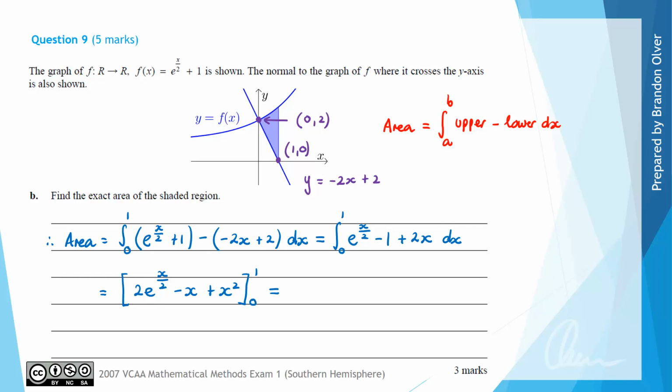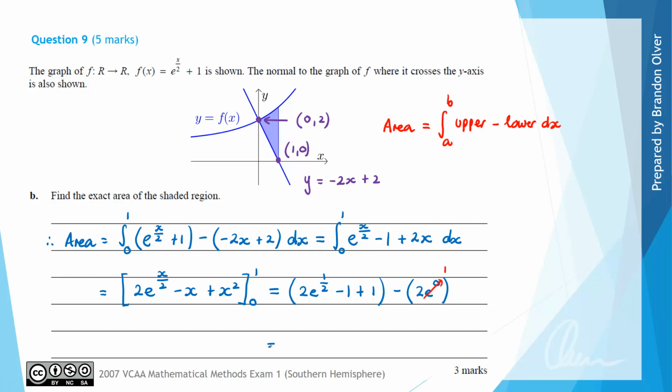Substituting 1 into that expression would give 2e to the power of a half minus 1 plus 1 squared, which is 1. Then subtracting away 0 substituted in there, we'd have 2e to the power of 0 minus 0 plus 0. So that would be all that's left in that second evaluation. However, we know that anything to the power of 0 is simply 1.